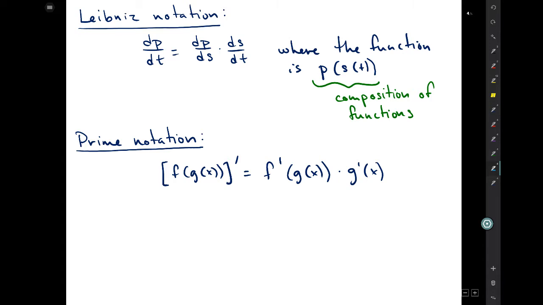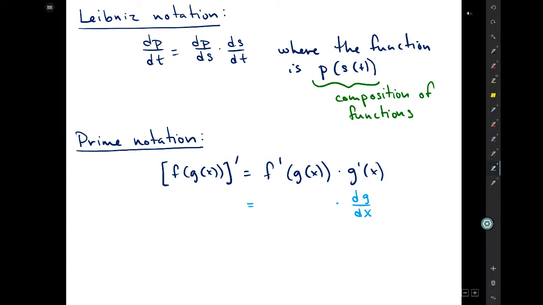And to see how this lines up with our Leibniz notation, let's start translating between the two notations. The easiest part is this g prime of x. That is dg dx. Now, the total thing that we're trying to compute over here, we want the derivative of this function f of g of x.